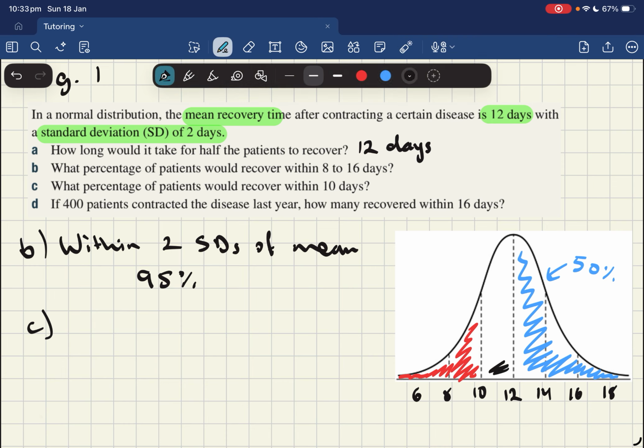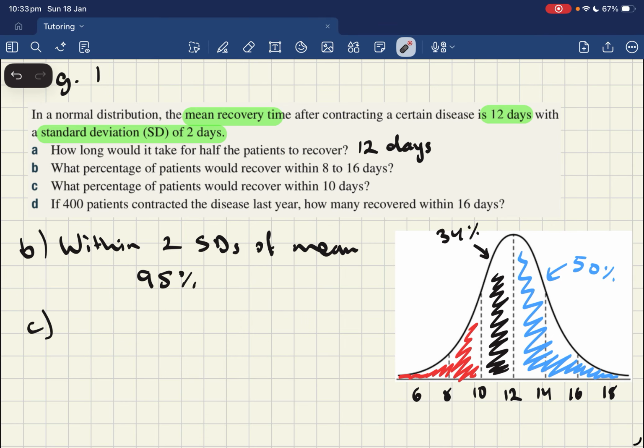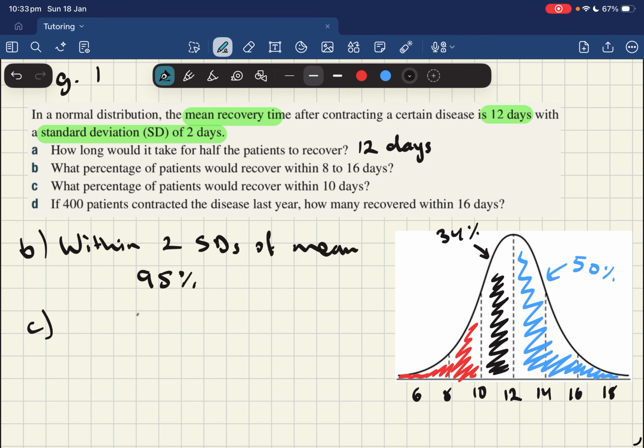So this one over here is 34%. That means that for the ones above 10 days, we have 50% plus 34%, which gives us 84% above 10 days. So I'm going to write that first: 34 plus 50 equals 84% above 10 days.